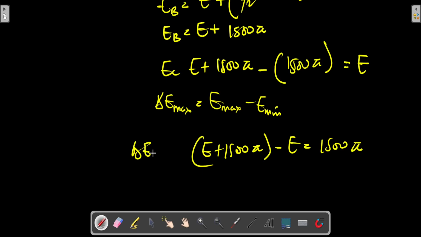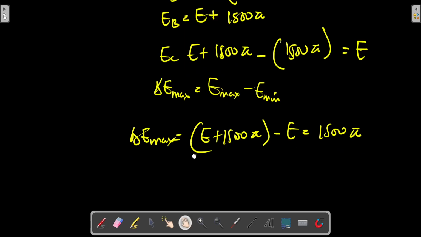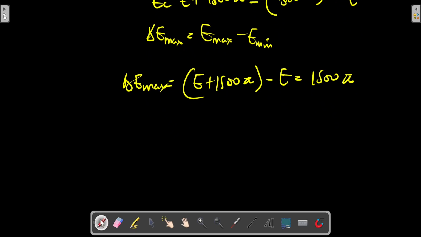That is the maximum energy fluctuation. From here, we can go ahead to find the moment of inertia.